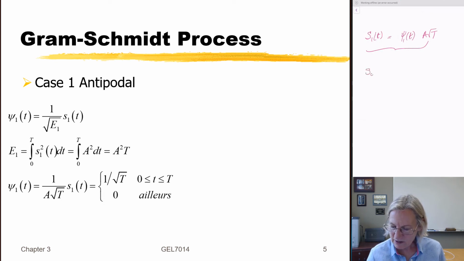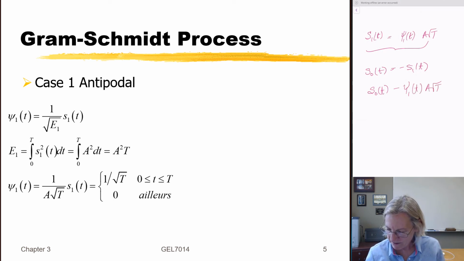Now I know that S0 of t is minus S1 of t in antipodal signaling. So I already know what the representation is for S0 of t in this basis. It's going to be just minus C1 of t times a square root of t.